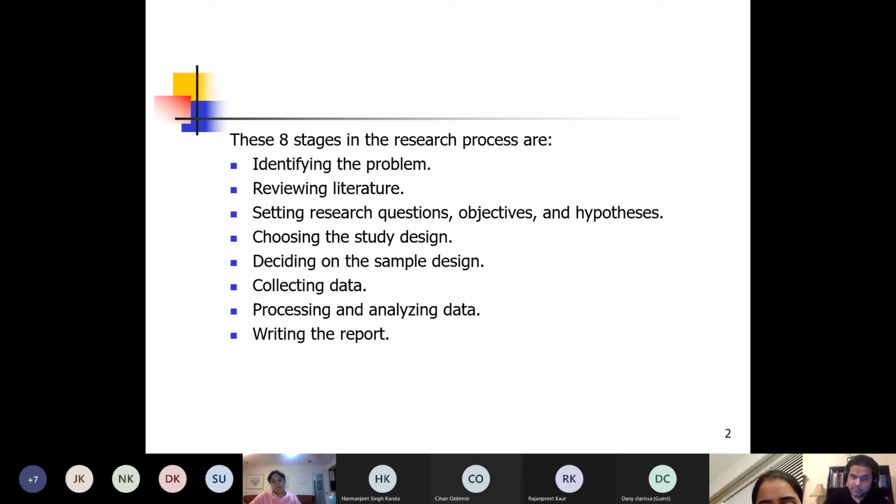And who is the research population in this case? The research population is the students of UCW.